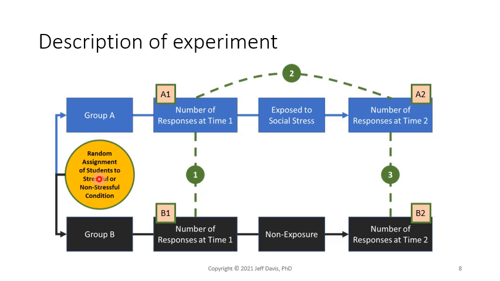In this case, it reduces any sort of bias that might lead people who are more sensitive to social stress into one group versus people who are biologically, genetically less sensitive to social stress in another group. Randomization is going to make sure we have a pretty good mix of both of those types of people in each group.